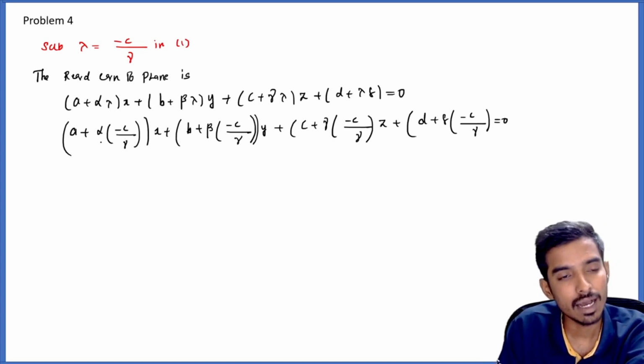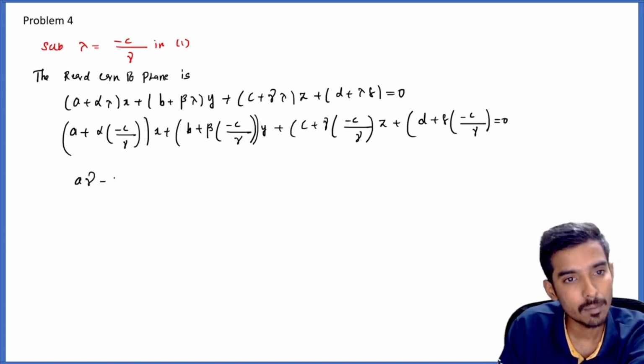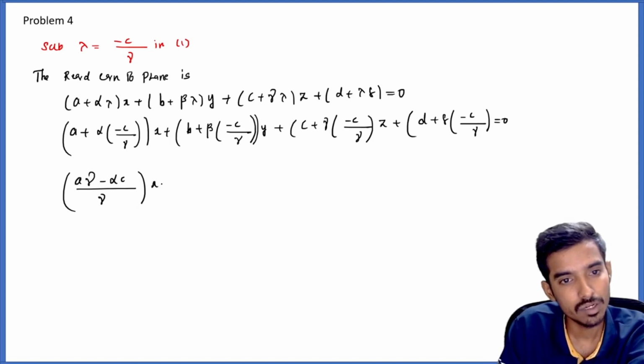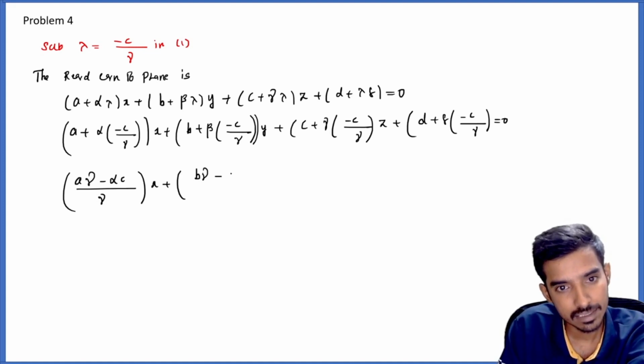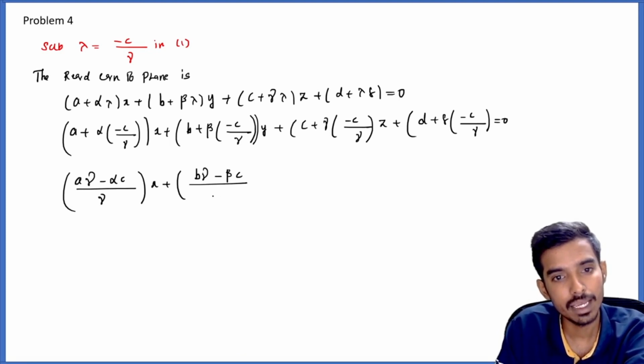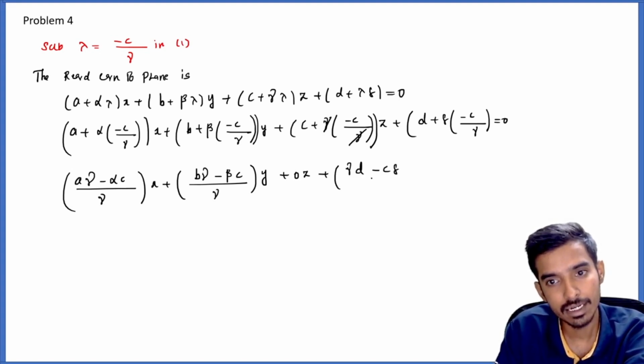So bring this gamma to this side. So a gamma minus alpha c divided by gamma into x. Here we will have b gamma minus beta c divided by gamma into y. And these two will get cancelled, so we have 0z plus gamma d minus c delta divided by gamma is equal to 0.